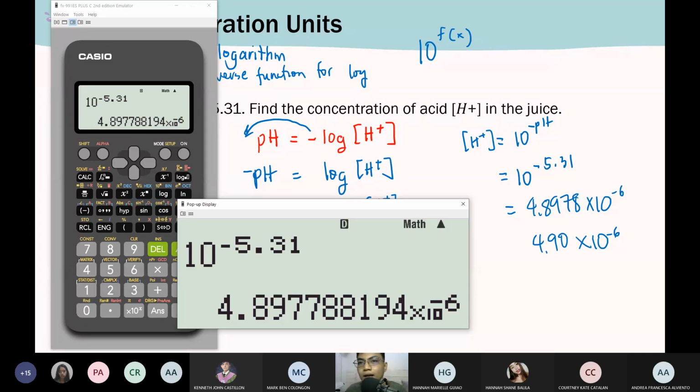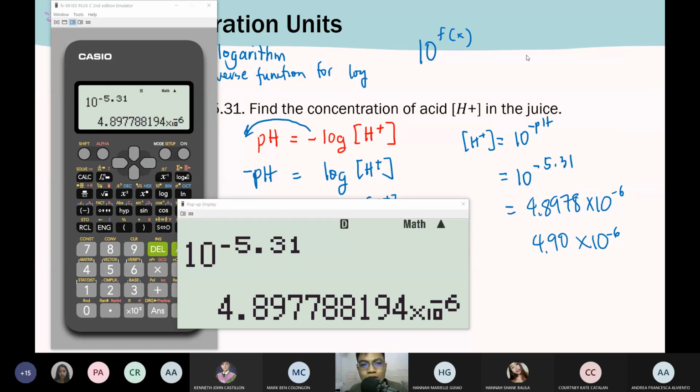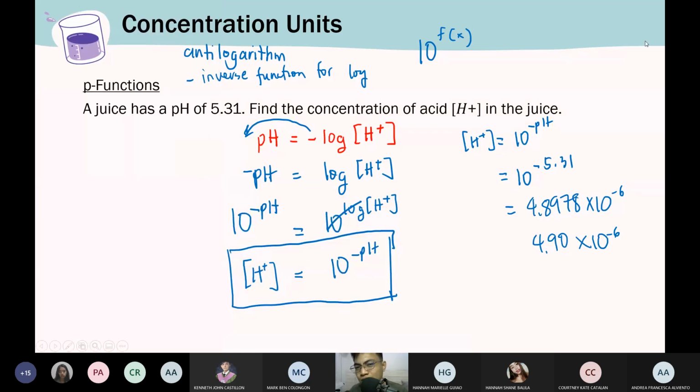Ayan, so ganun lang. So again, I really show the derivation because I don't want you to just accept every equation na kasi gawin niya, sige yan yung equation, tanggapin ko na lang, no? Sometimes it is better na marunong din kayo mag-derive, no? Okay?